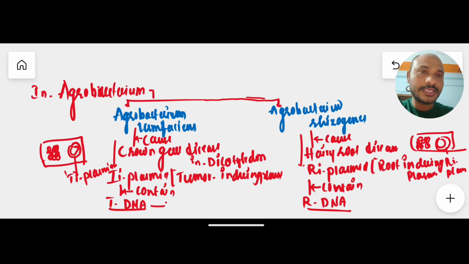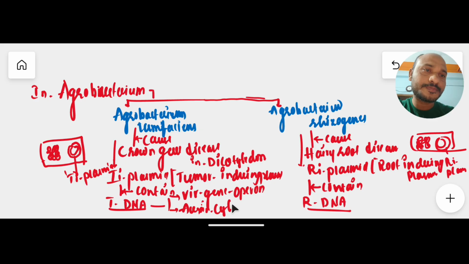It contains two important sets of genes: the vir gene operon, the virulence gene operon, and also the auxin and cytokinin genes.